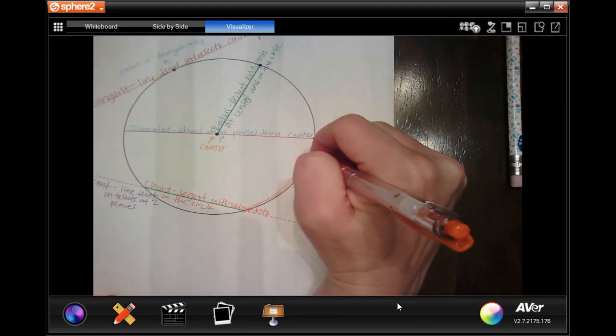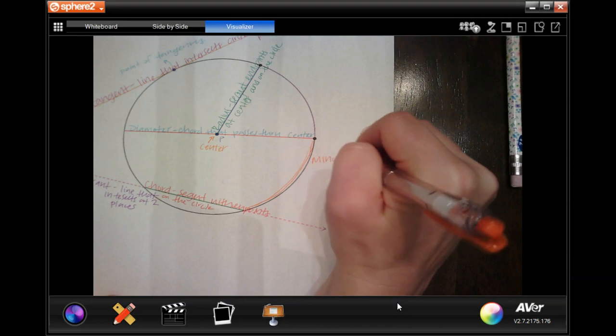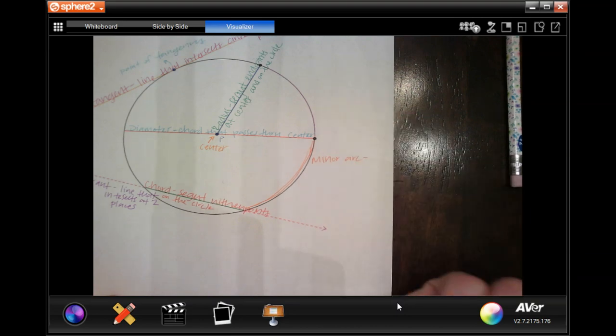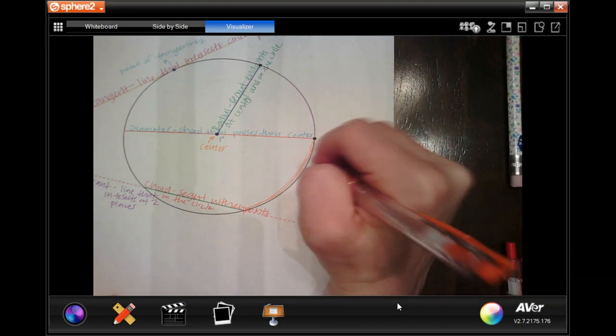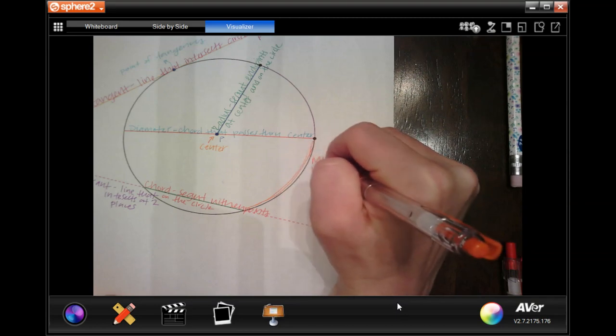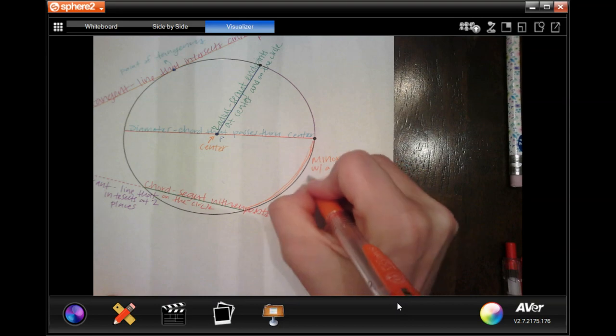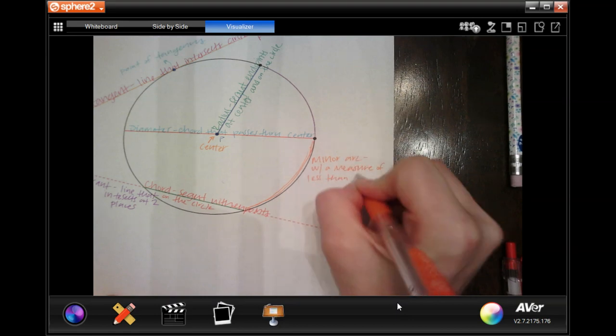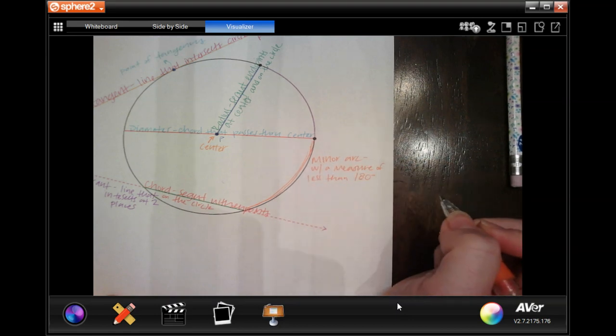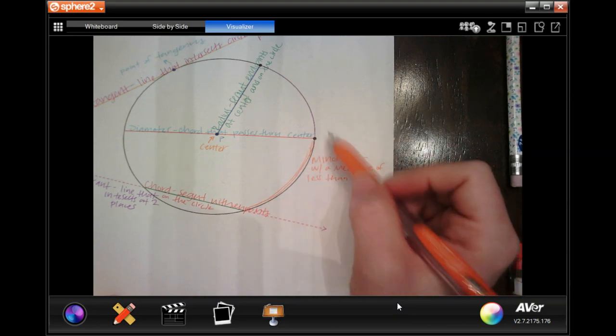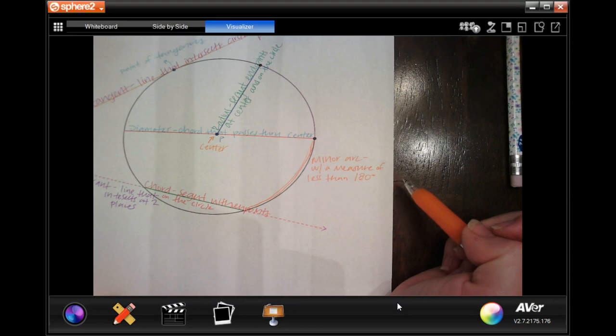And this would be a minor arc. And this is any arc with a measure of less than 180 degrees. So a minor arc has less than 180 degrees.